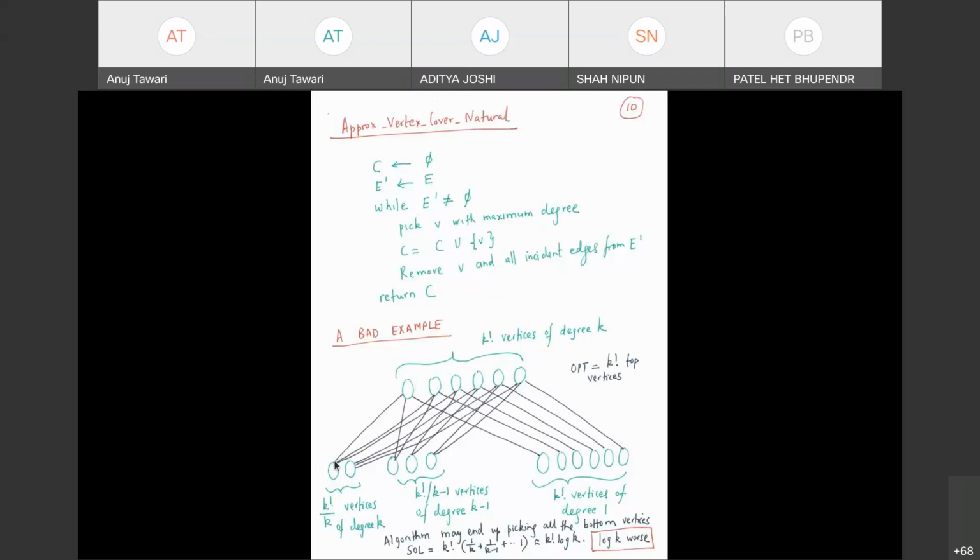Similarly, you can have another set of vertices of degree k minus 1, each connecting to a disjoint subset of k minus 1 vertices at the top, so you need k factorial divided by k minus 1 vertices to cover all the vertices at the top.